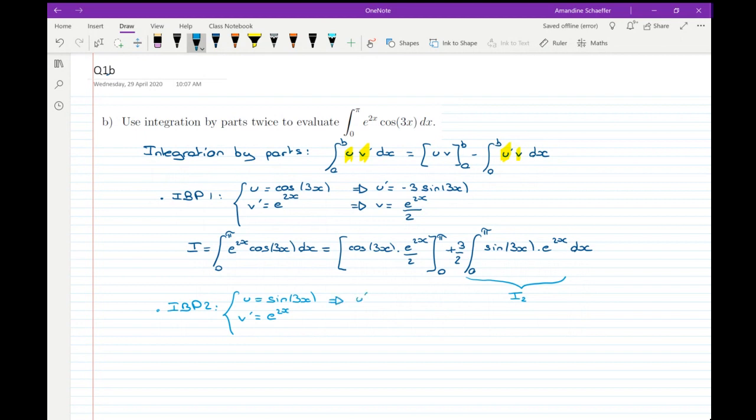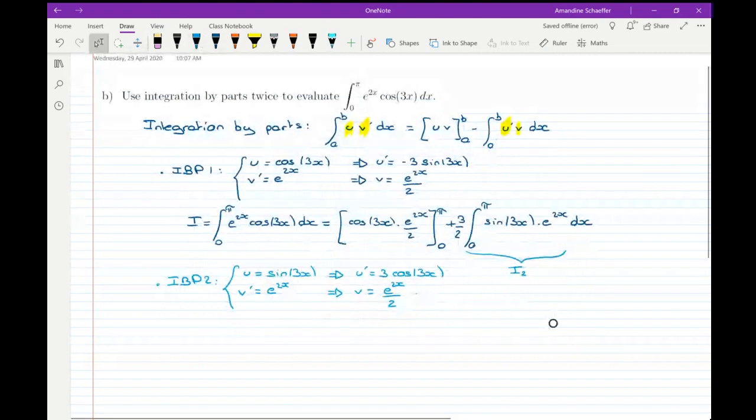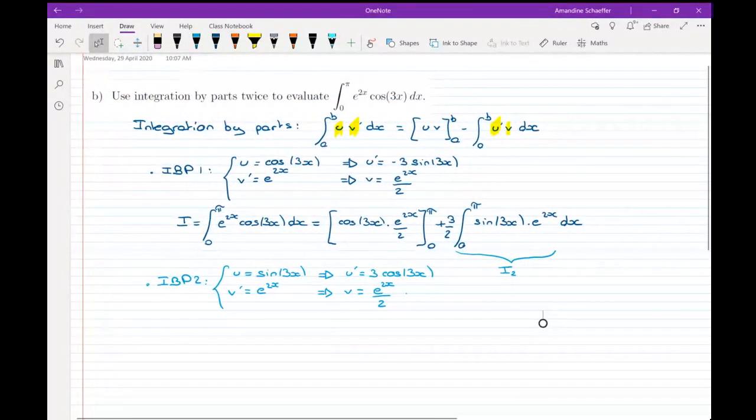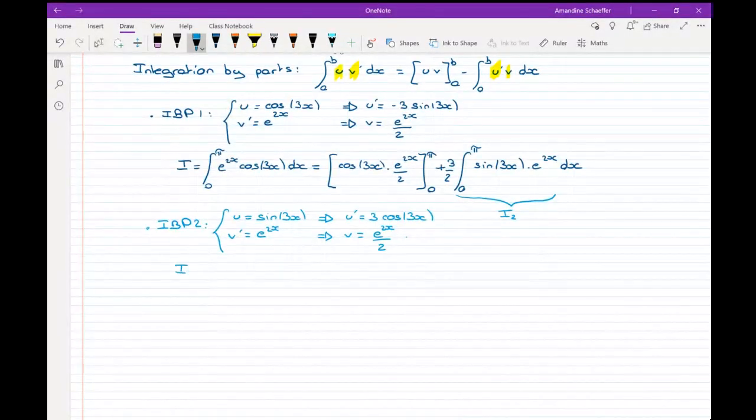Okay, so I get that U dash is 3 times cosine 3x, and V, well, still the same thing. The primitive is exponential x on 2. So I2 was integral between 0 and pi of sine 3x exponential x dx.